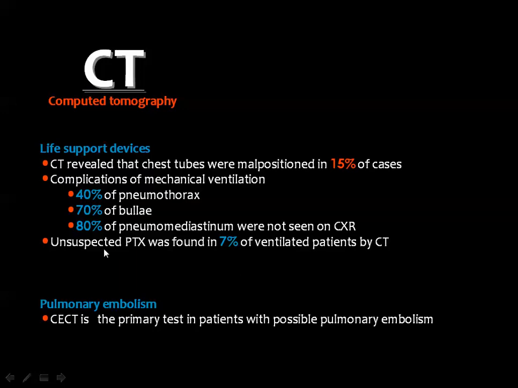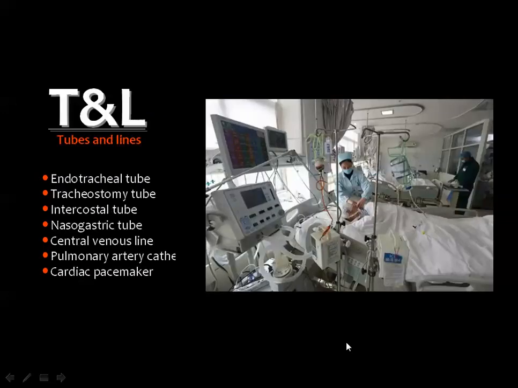Then unsuspected pneumothorax was found in about 7% of the ventilated patients by CT. And of course, you know that CT is the primary imaging modality for diagnosis and confirmation of the diagnosis of pulmonary embolism.